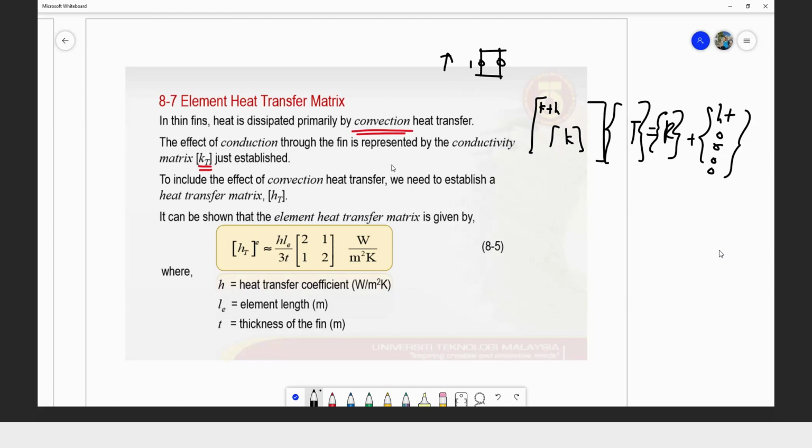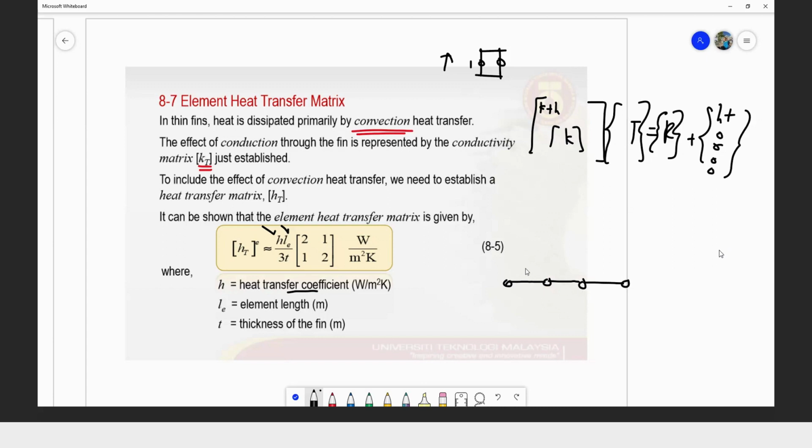So the effect of heat transfer matrix is given by this element heat transfer matrix, which is the information from the convection process, which is the heat transfer coefficient. H is included here.